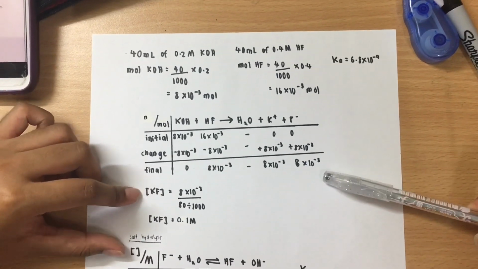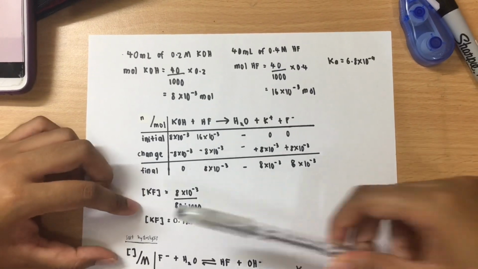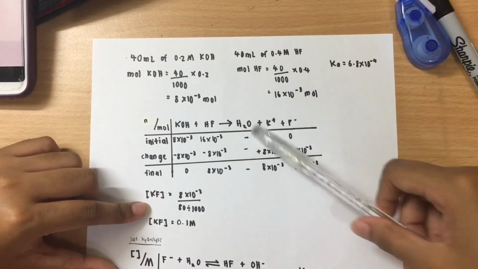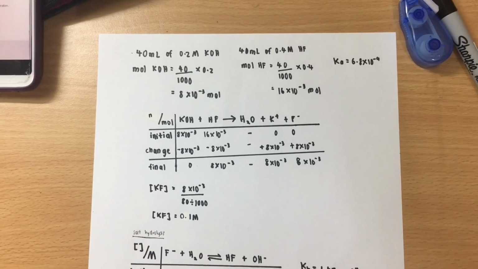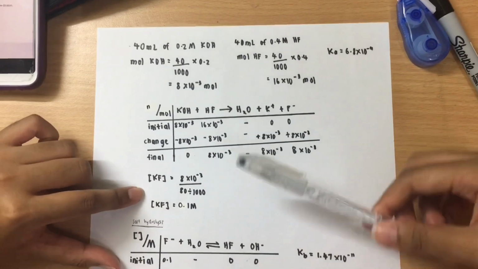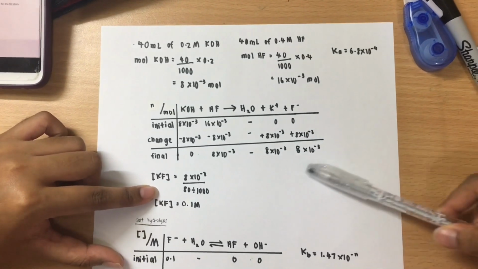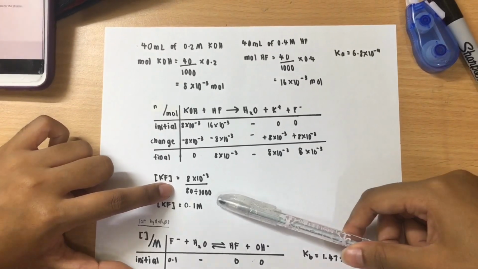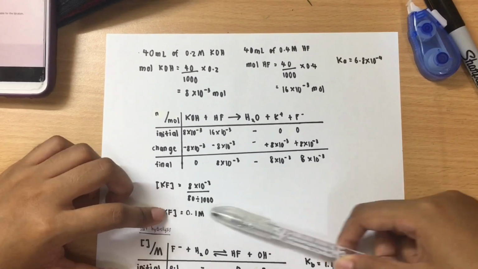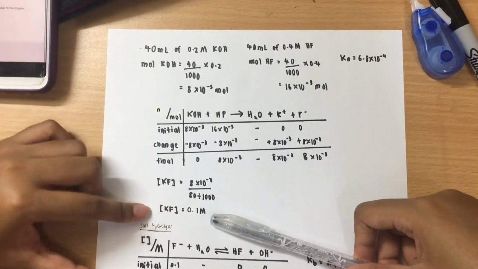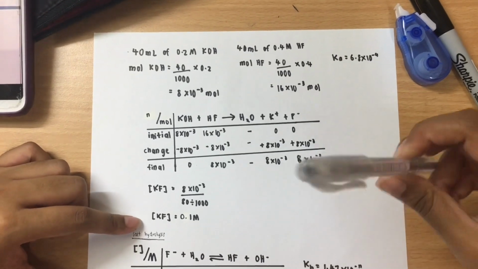Then we use the values that we have calculated to find the concentration of KF, which is the salt that is produced, by dividing the final number of moles by the volume, which is 40 divided by 1000 to change it into liters. Then we get the concentration of KF, which is 0.1 molar.